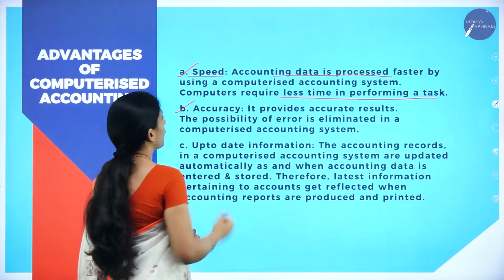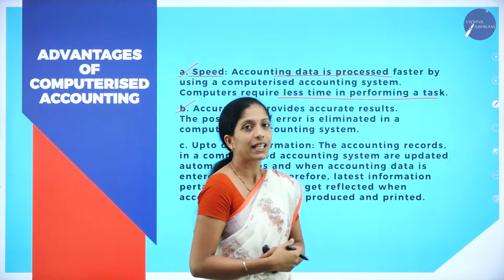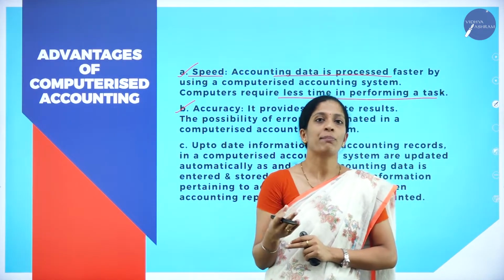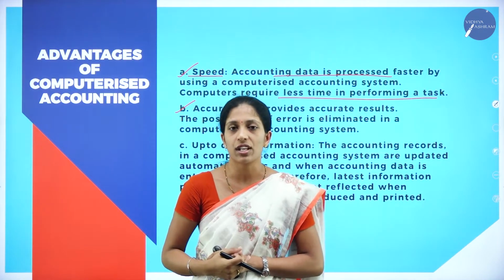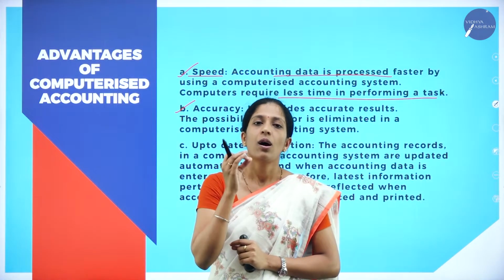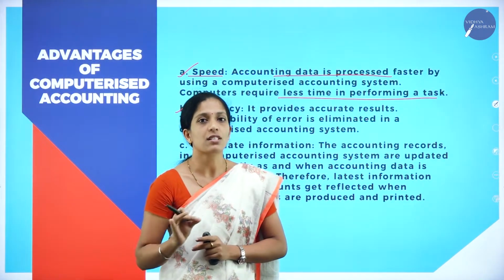Now coming to the second one, accuracy. Of course, whatever results we get from the computer system are very accurate. We human beings might make some mistakes while counting or while recording the entries, but this will not happen with the computer, because all the software is developed in such a way that no mistakes will happen.